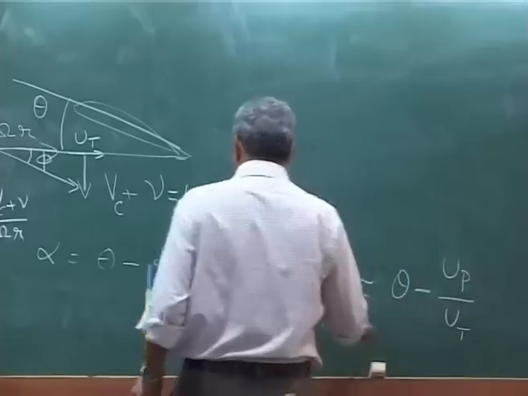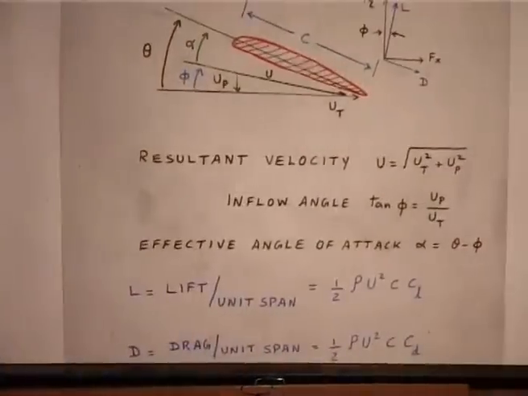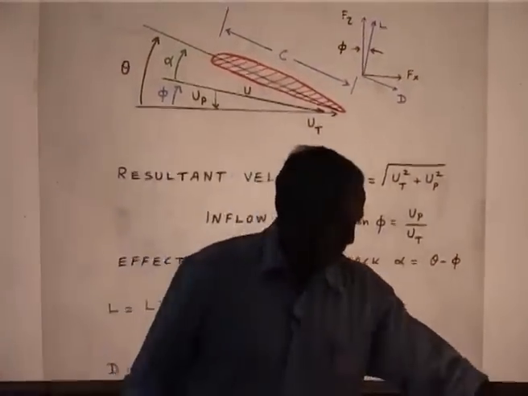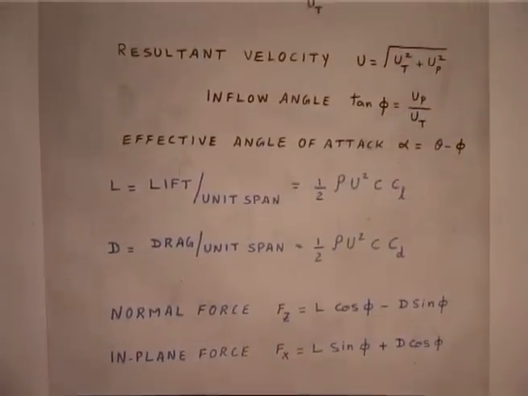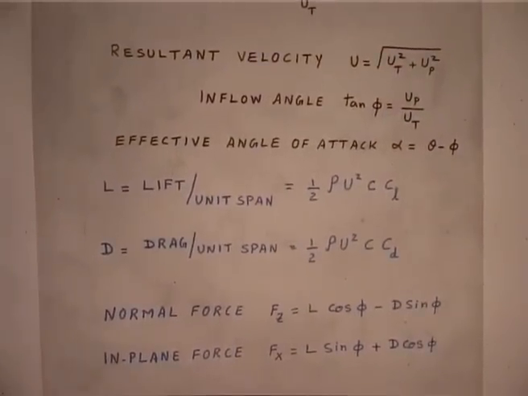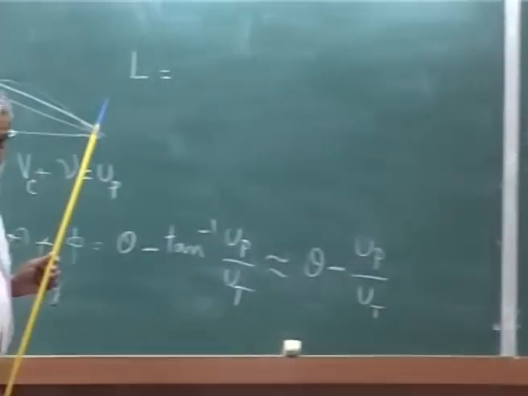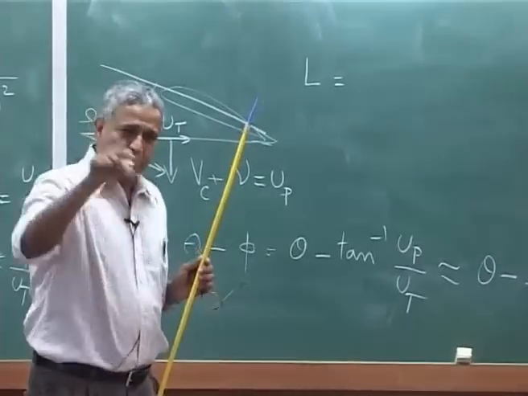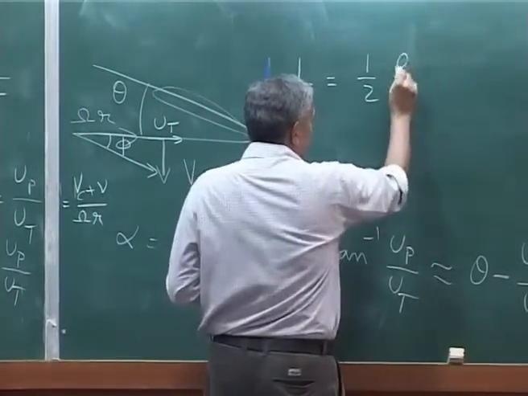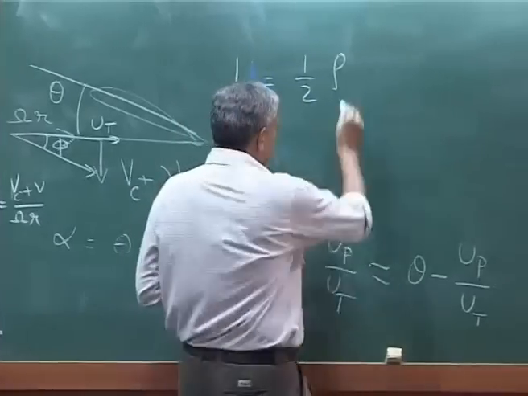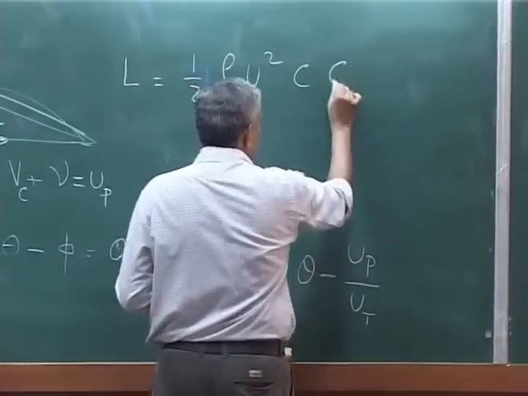And I can write the lift per unit span, straight from your aerodynamics. Lift per unit span, please understand, otherwise over a small element you put a dr. You will have half rho u square c CL.